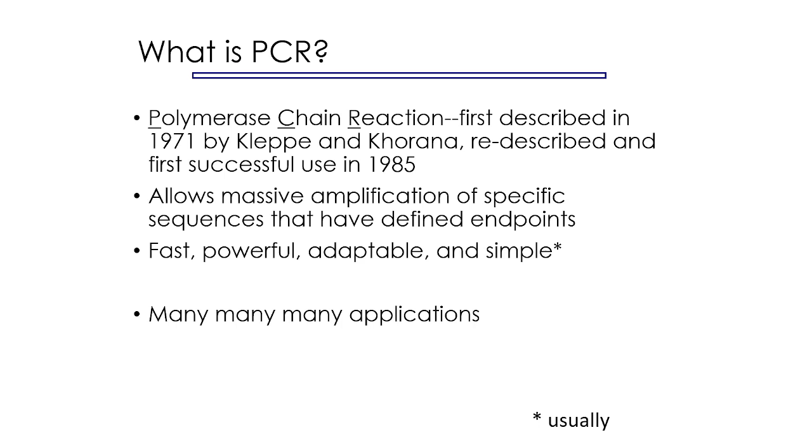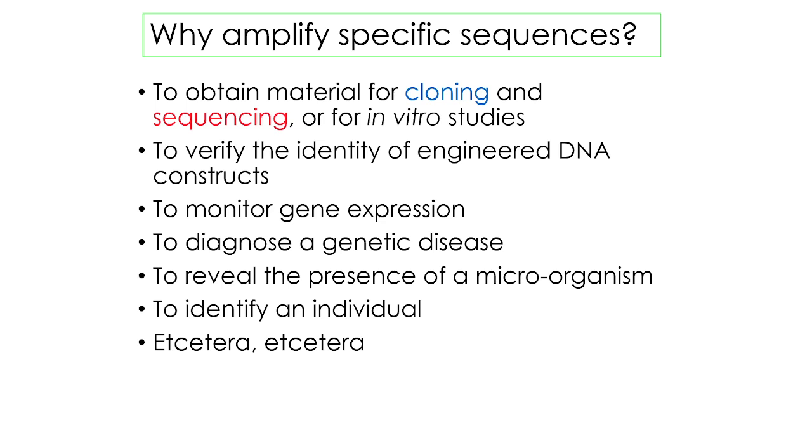So what is PCR? Polymerase chain reaction. It was first described in 1971 by Kleppe and Khorana, and then it was redescribed in 1985. It allows the amplification of specific sequences that have defined endpoints. It's a fast, powerful, adaptable process, it's also very simple, and it has a lot of applications.